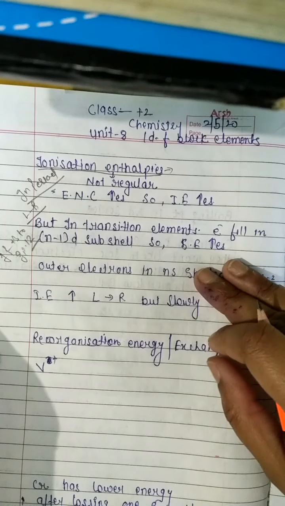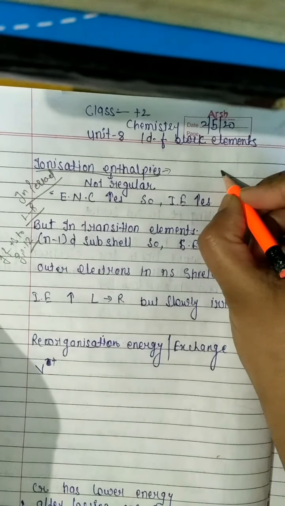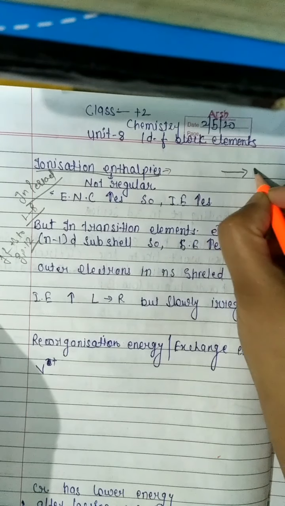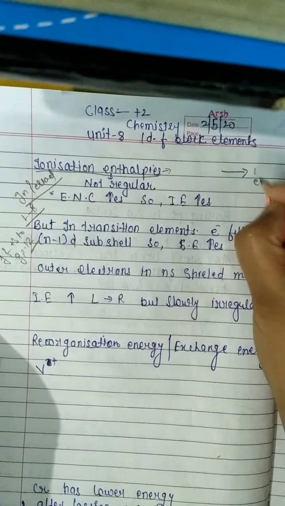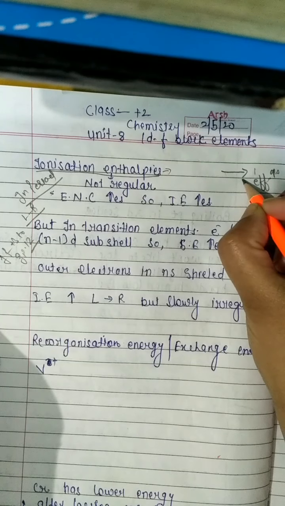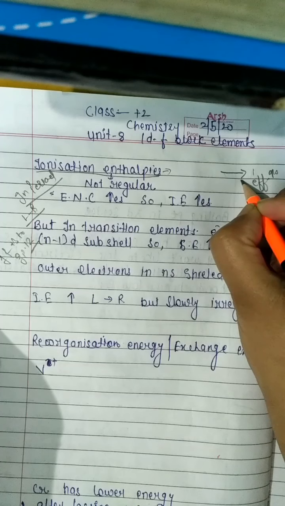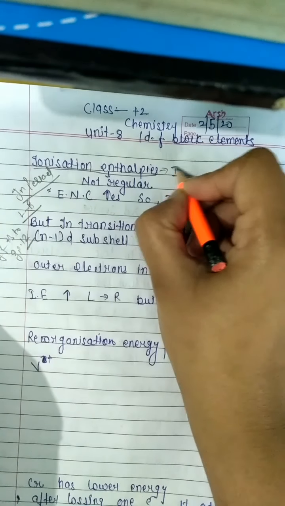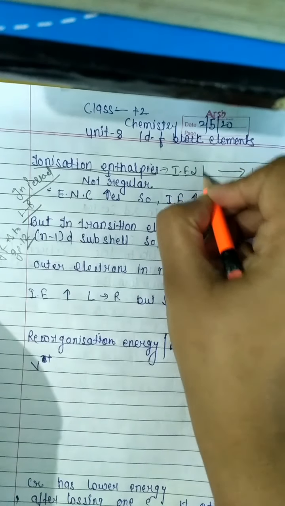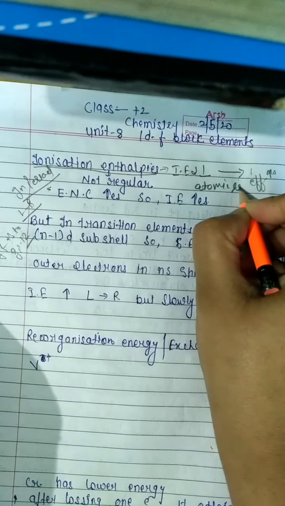But in 11th standard, plus 1 standard, we have discussed it. When we move from left to right in a period, the effective nuclear charge increases. So attraction will be more, atomic radius decreases, and the ionization enthalpy increases. It means that ionization enthalpy is inversely proportional to atomic radii.